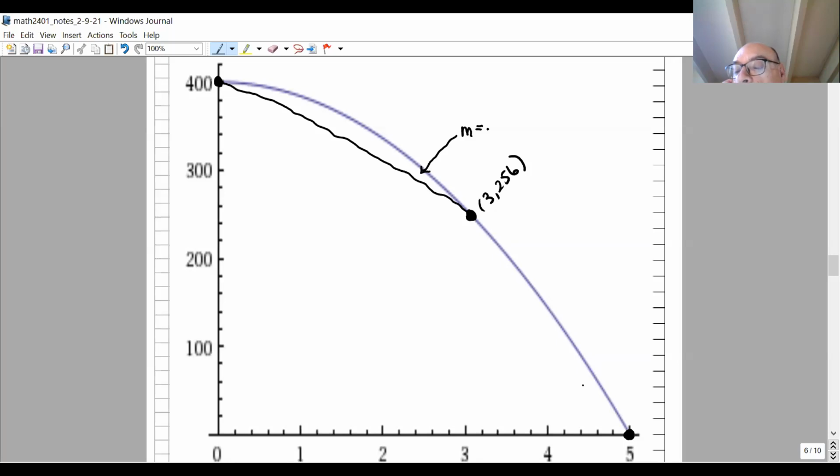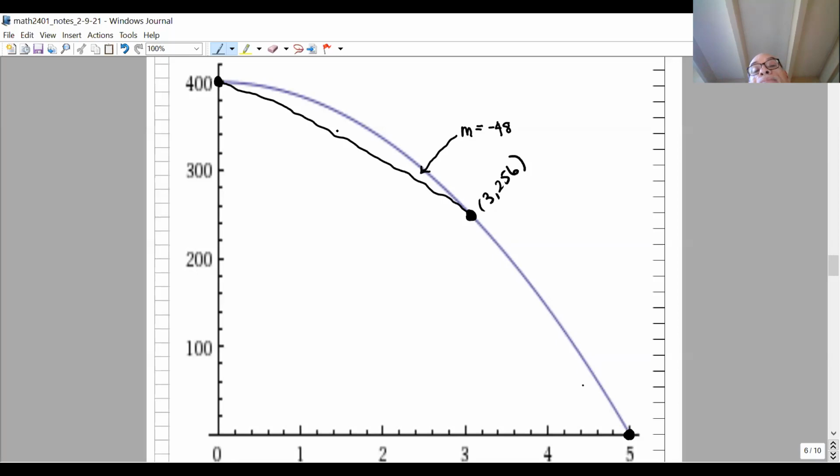It's minus 48, right? We just calculated that. So had the screwdriver fallen at a steady rate, this graph would look like this, and the slope of that line would be minus 48.